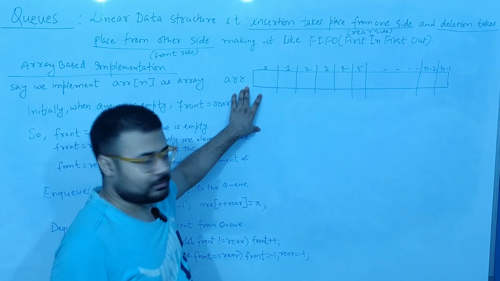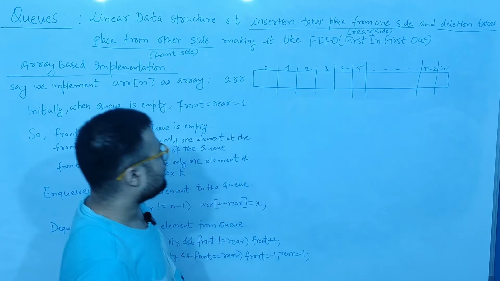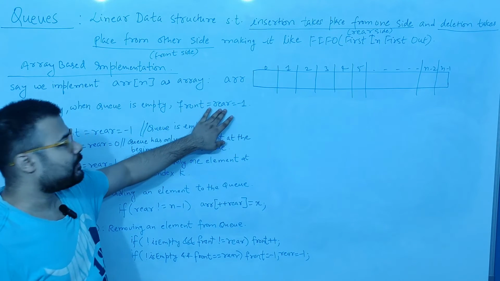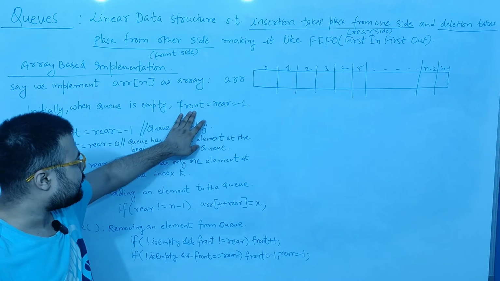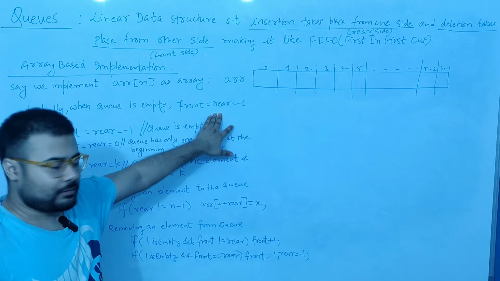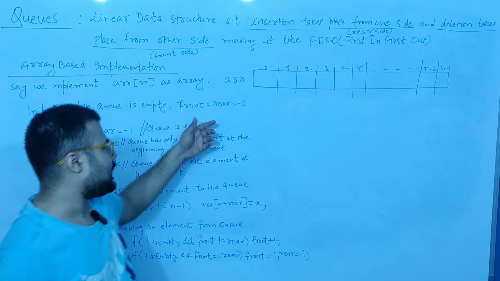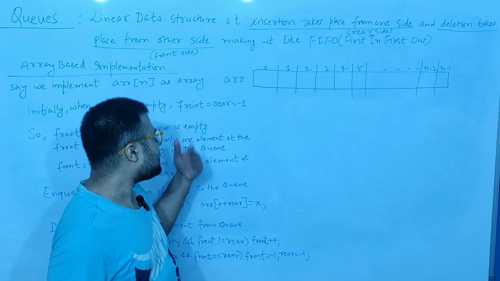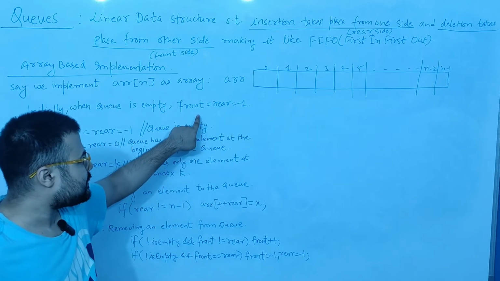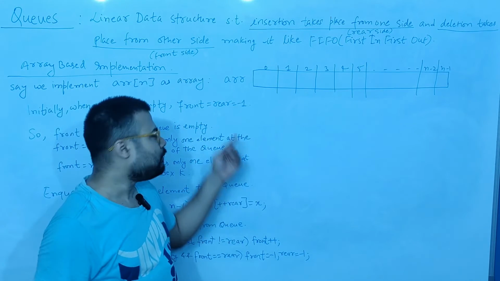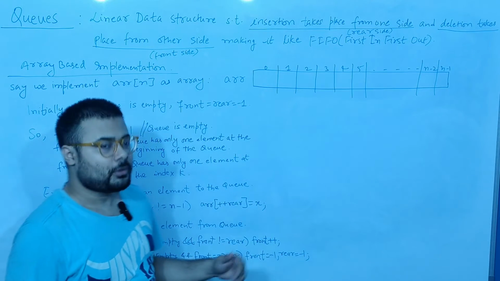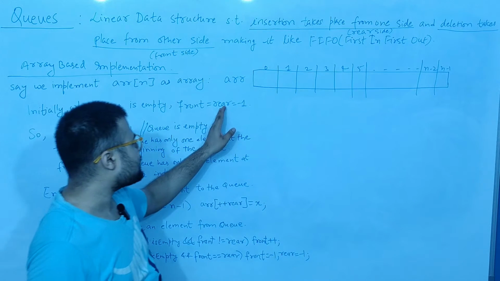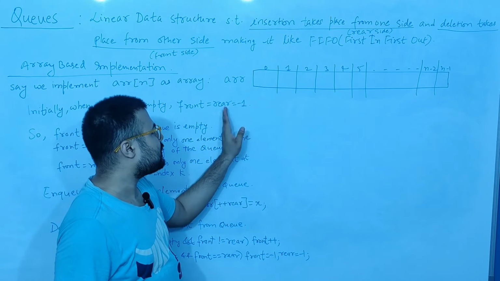So initially, when your queue is empty, we have two variables we set as front and rear, which at any point of time will have the index of the array. It suggests the index that is at the front of the queue, and the index at the rear end of the queue, meaning if you have to insert something, you have to insert from the rear side.